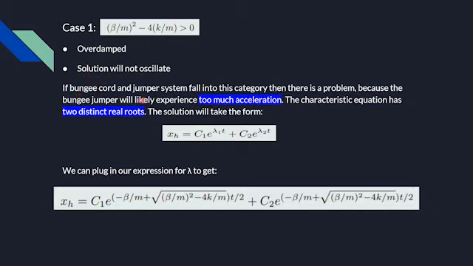If the bungee cord and jumper system fall into this category, then there is a problem because the bungee jumper will likely experience too much acceleration. The characteristic equation has two distinct roots, so the solution will take the form of this equation. Now we can plug in our expression for lambda to get this equation.